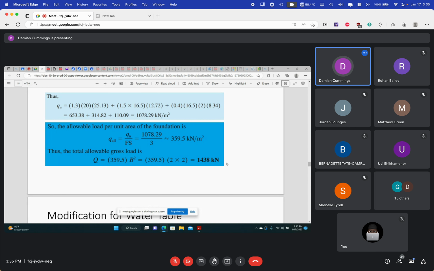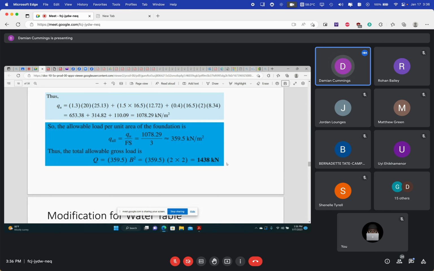So it's 1,438 kilonewtons. Say a column was placed on this pad footing, and when you calculate the load acting, both dead and live load together, that this column is imposing, if it's more than 1,438 kilonewtons, then the parameters have to be changed.